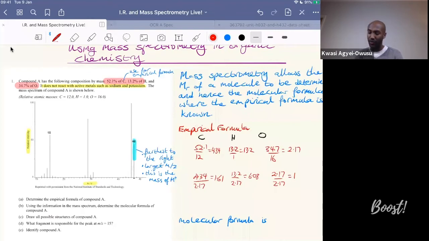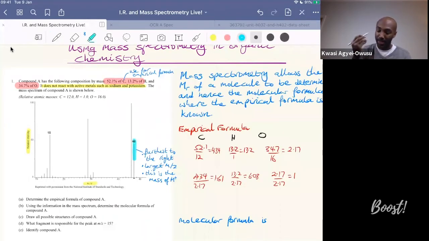Okay, so yeah, we've got the right numbers of moles, and then we need to divide by the smallest, so 2.17 being the smallest, we get 1, and 4.34 over 2.17, that is where the error has been made. So 4.34 divided by 2.17 should give us 2, so not 1.61.